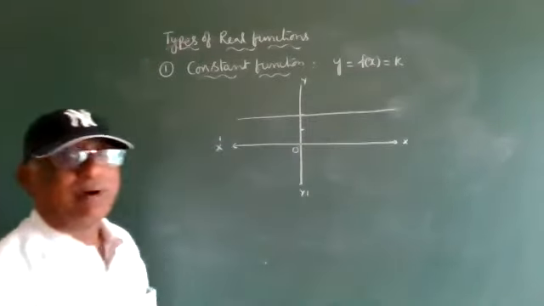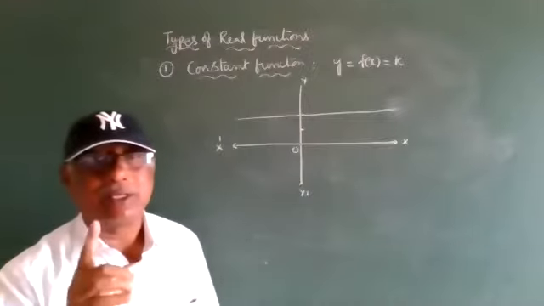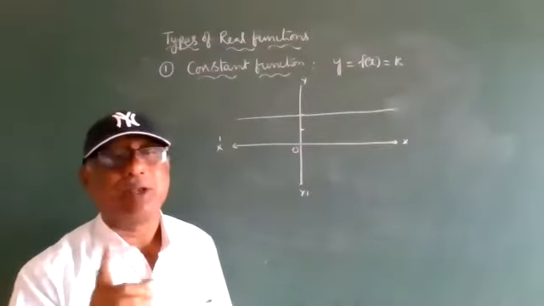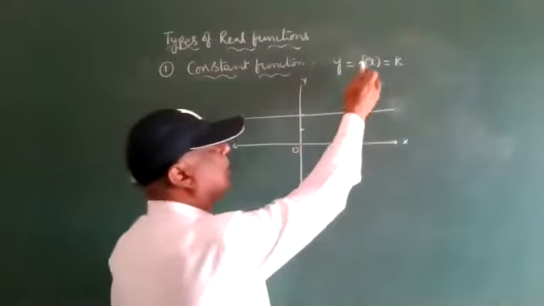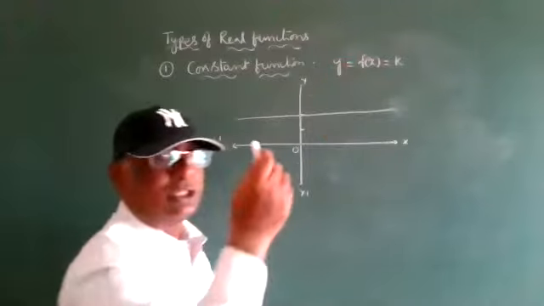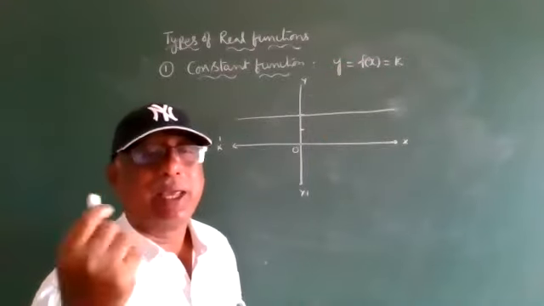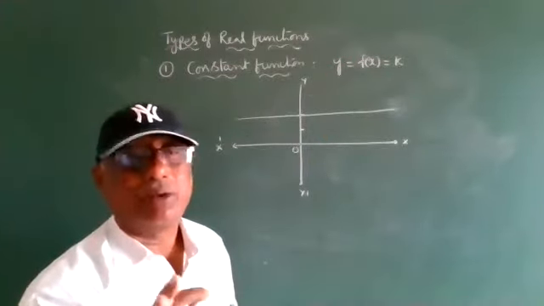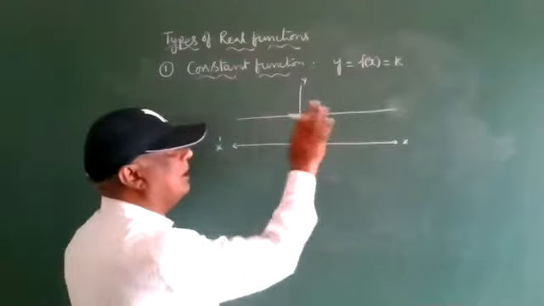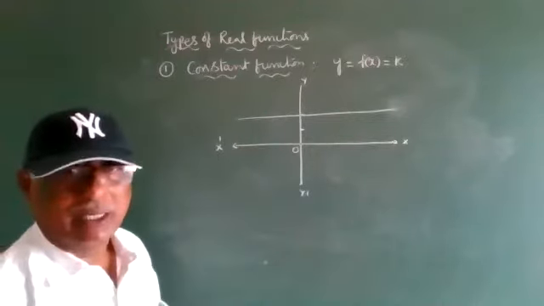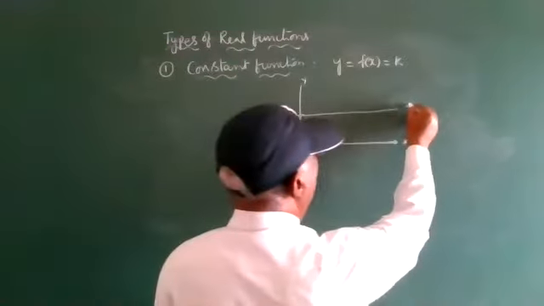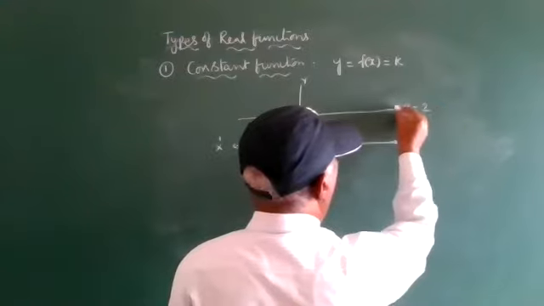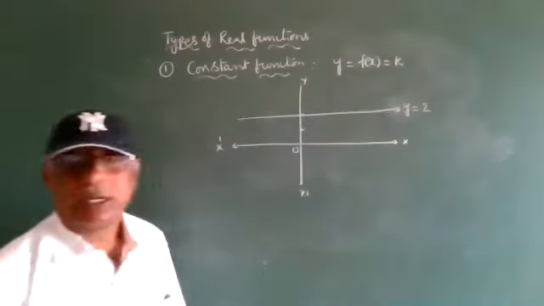The x values are different, but the y value is only one. For x = 2, y is k only. For x = 1, k only. For x = 3, k only. The x values are different, but the y value is fixed. Therefore y = 2 is a constant function.